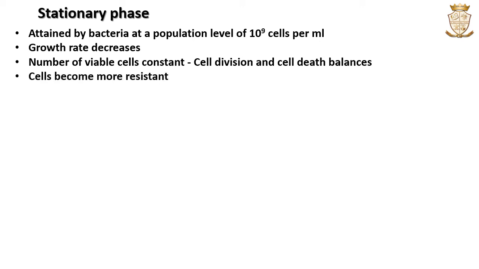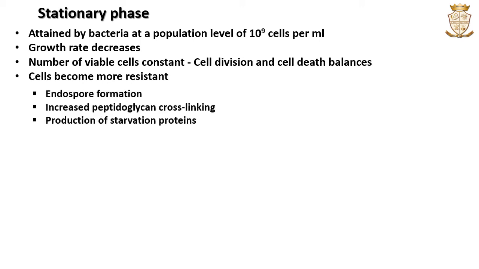During the stationary phase, the bacterial cells will become more and more resistant. They respond to the changes by certain morphological changes such as endospore formation. Certain bacteria will produce endospores.